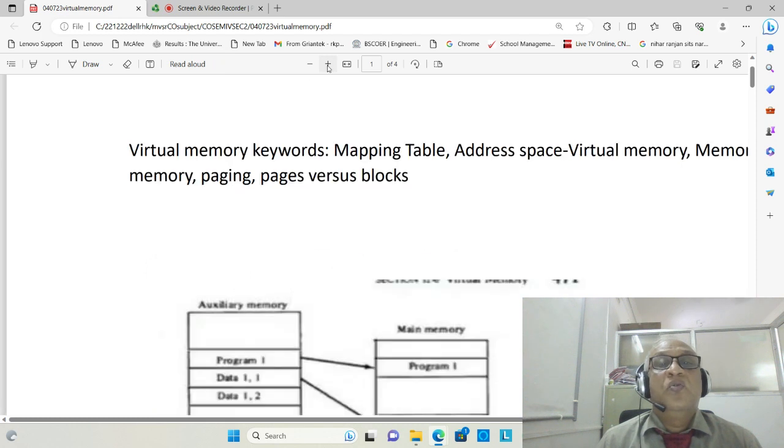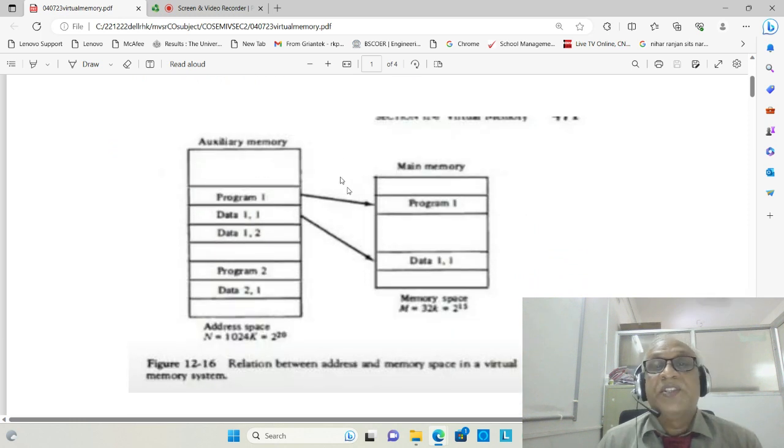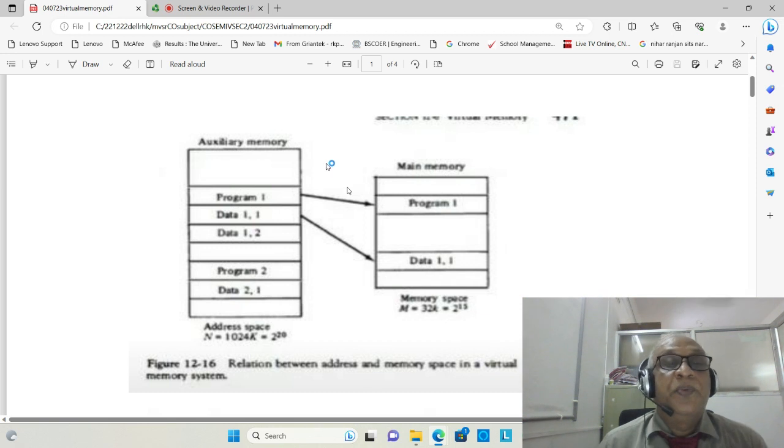Now let us go back to our topic through various diagrams which we have taken either from the Morris Mano textbook or from Hamacher, which is the prescribed book for us. Let us look at this Morris Mano diagram. It indicates the relationship between address space and memory space.